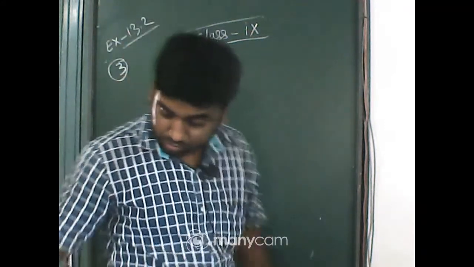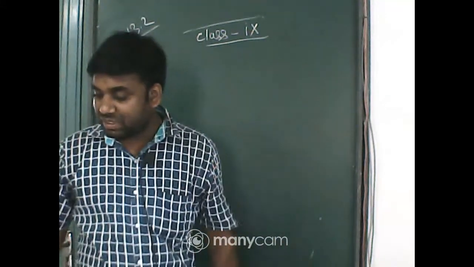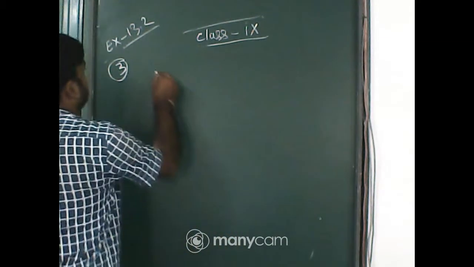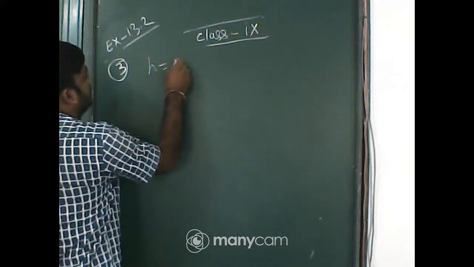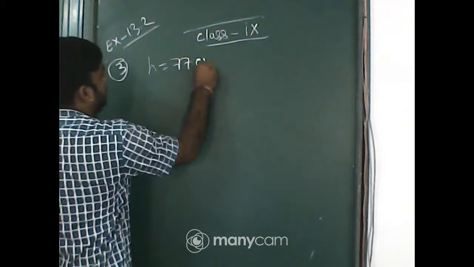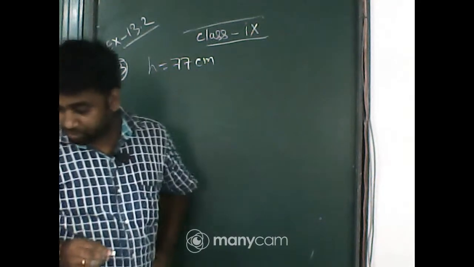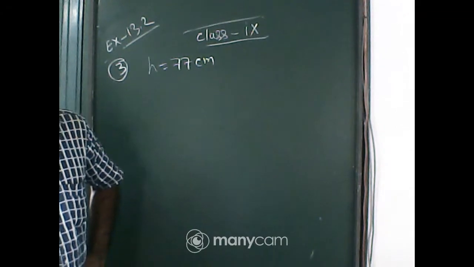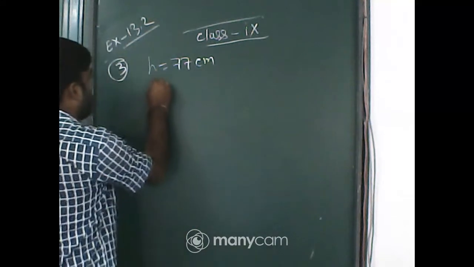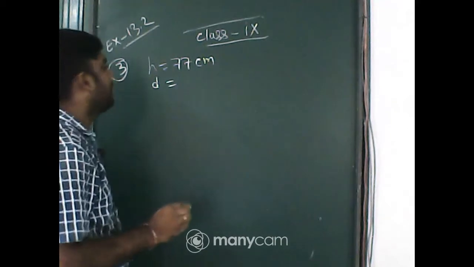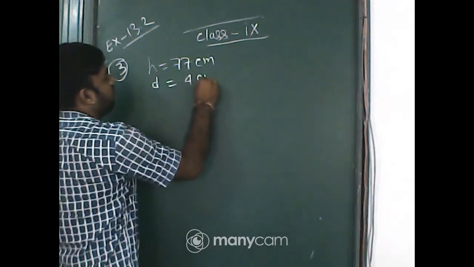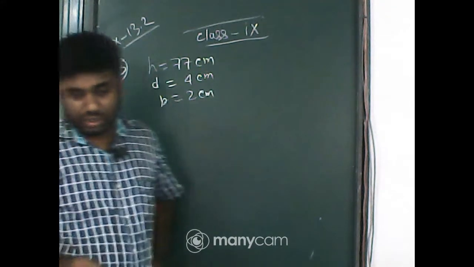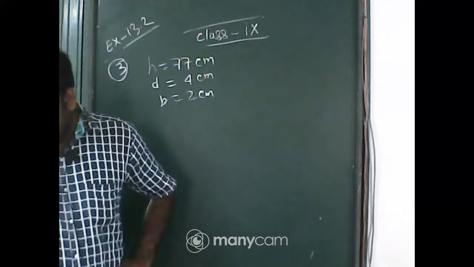So moving to question number 3. A metal pipe is 77 centimeter long. Long means that is height. Diameter equals 4 centimeter means radius will be 2 centimeter.